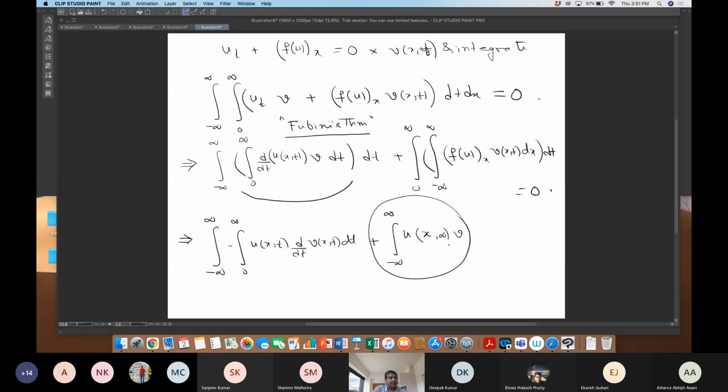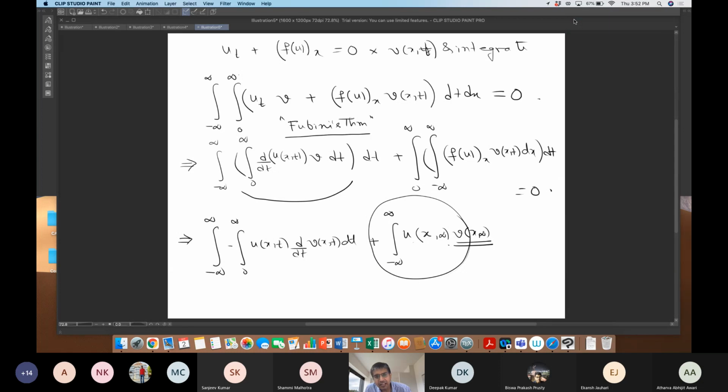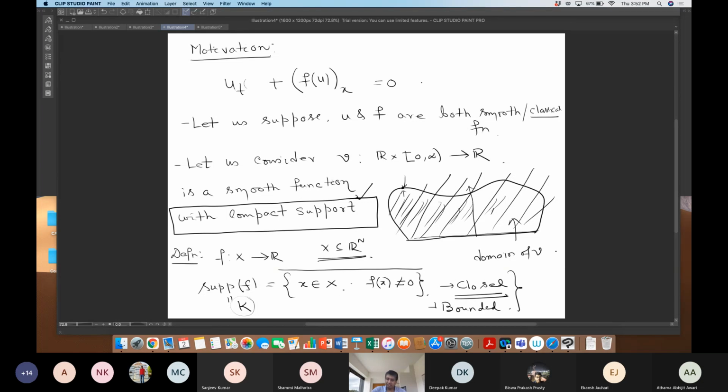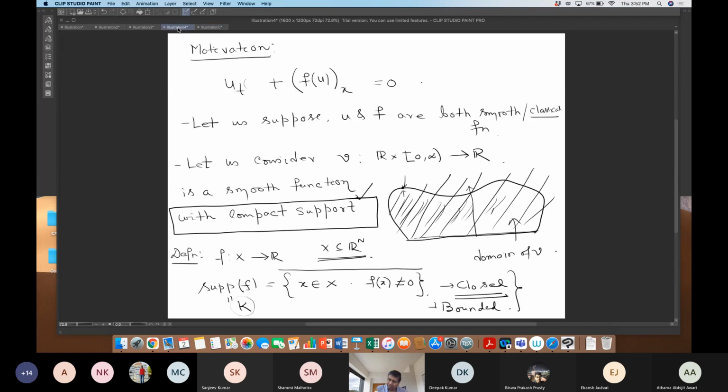What is u of x at infinity? What will be v of x at infinity? I said so many times, 0. It has a compact support. So it is 0. V at x, infinity is 0 because v has a compact support.